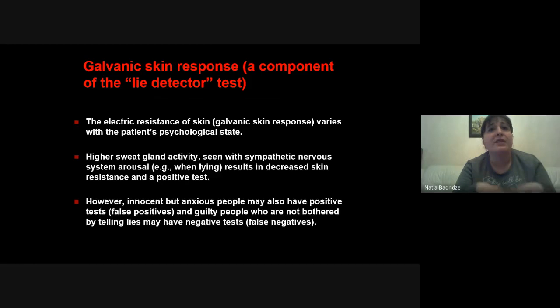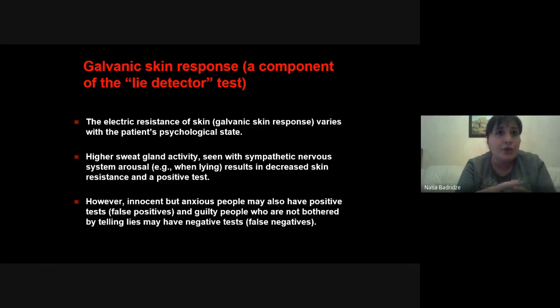So they might give us the same result as for the person who is lying. Right? The innocent people can also be anxious, and this will give us a false positive result. So that's why it is limited: even innocent people can be anxious.